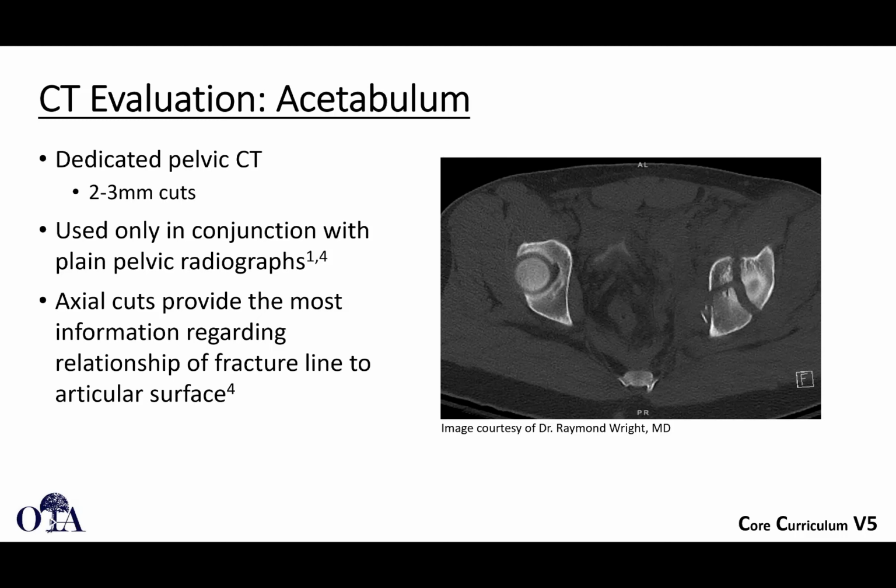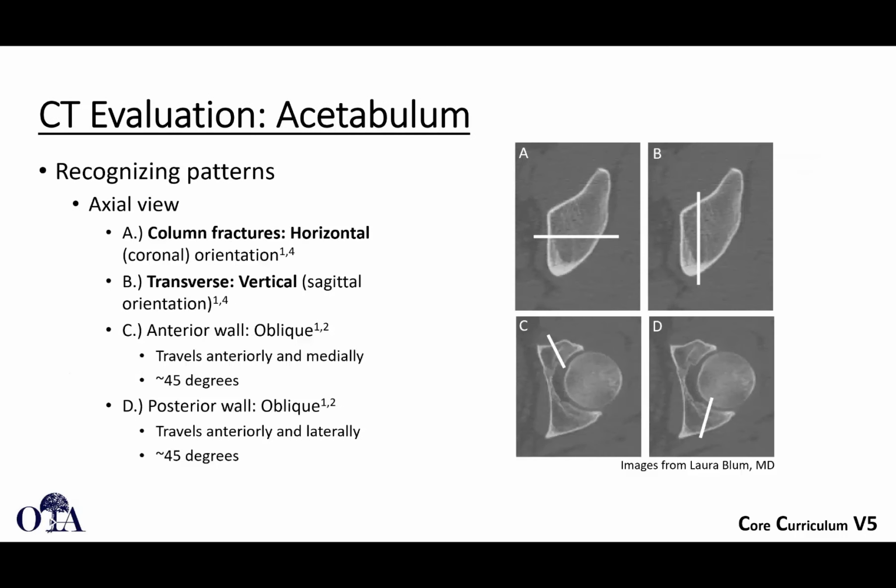On your CT scans, axial cuts provide probably the most information regarding the relationship of the fracture line to the articular surface. Now, when you're looking at that fracture line on the axial view, column fractures, like an anterior column fracture, usually have this horizontal, coronal kind of orientation most of the time, whereas transverse fractures are a little bit more vertical.